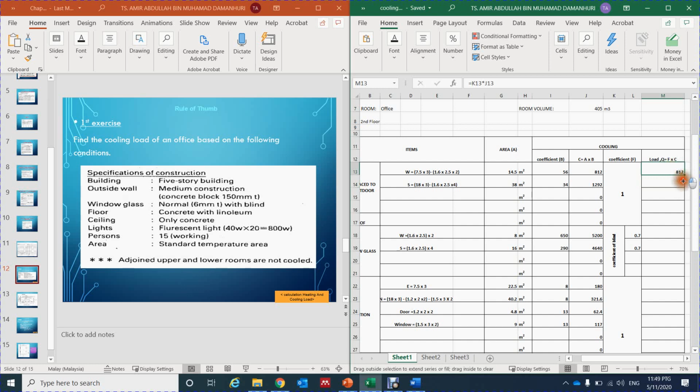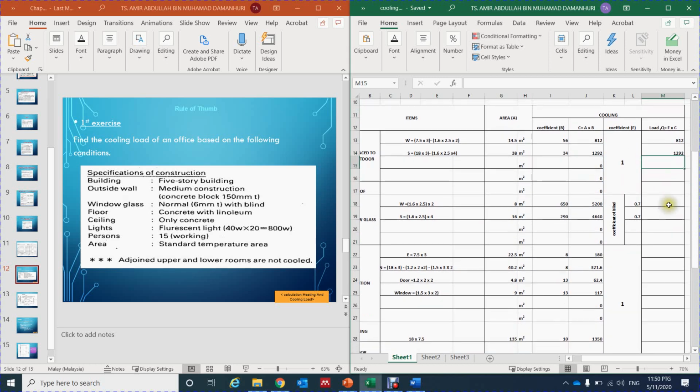So it's the same, this one times this one, then this one will be this one times C here.